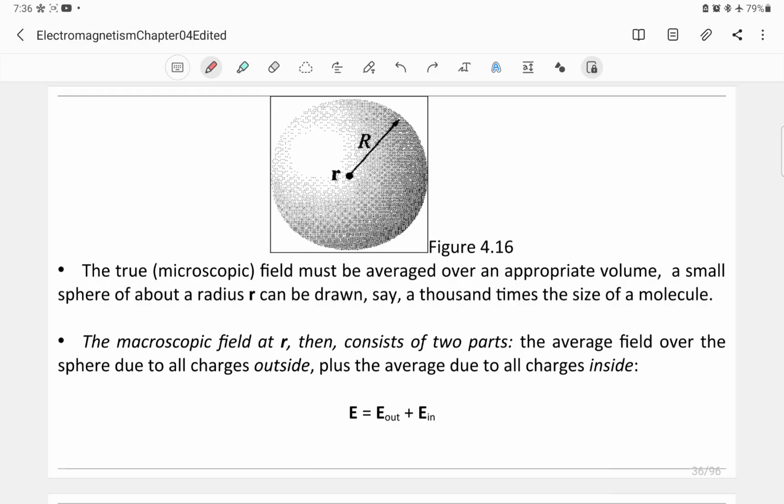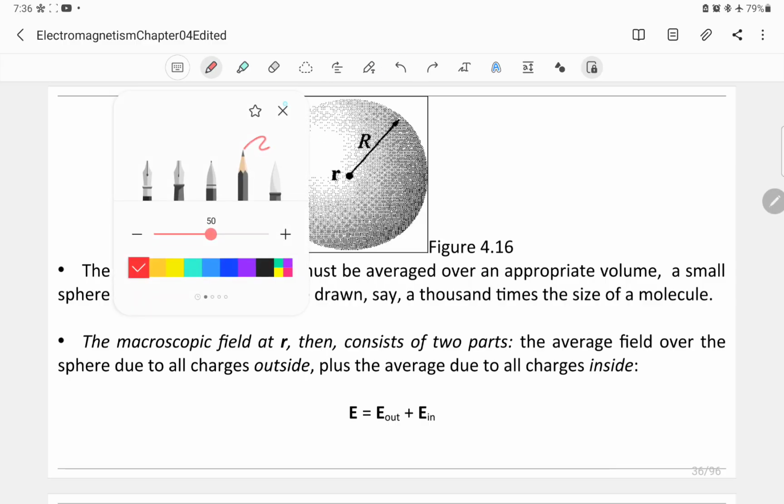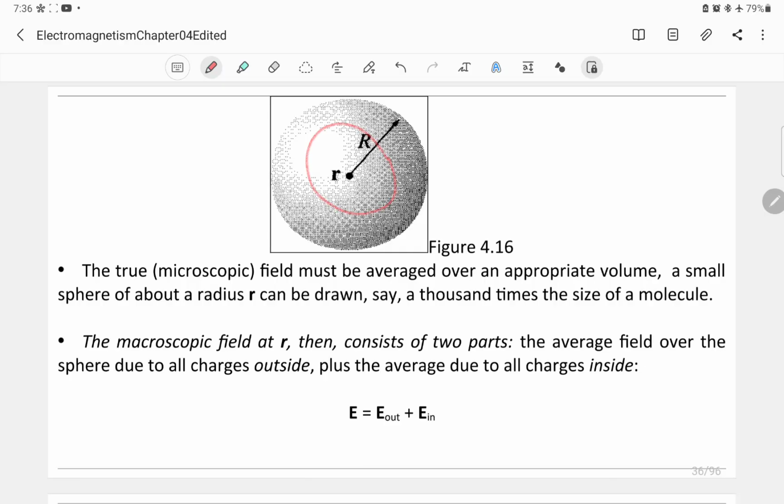A small sphere of about radius r can be drawn inside this sphere, say for example here, and then just pretend that this is a sphere and this is just r, and you can say that there are still a lot of molecules inside that sphere.